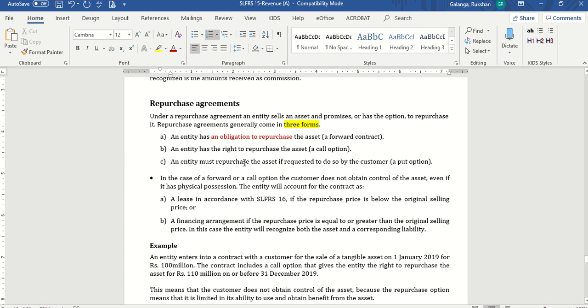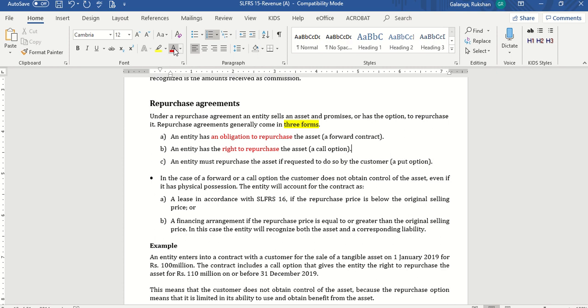The second one, the entity has the right to repurchase. It's not an obligation. Remember, right in the sense it's not an obligation. They have an option, right? So here you can use the word forward contract when it comes to an obligation, but when it comes to the right to repurchase, you can call it a call option.